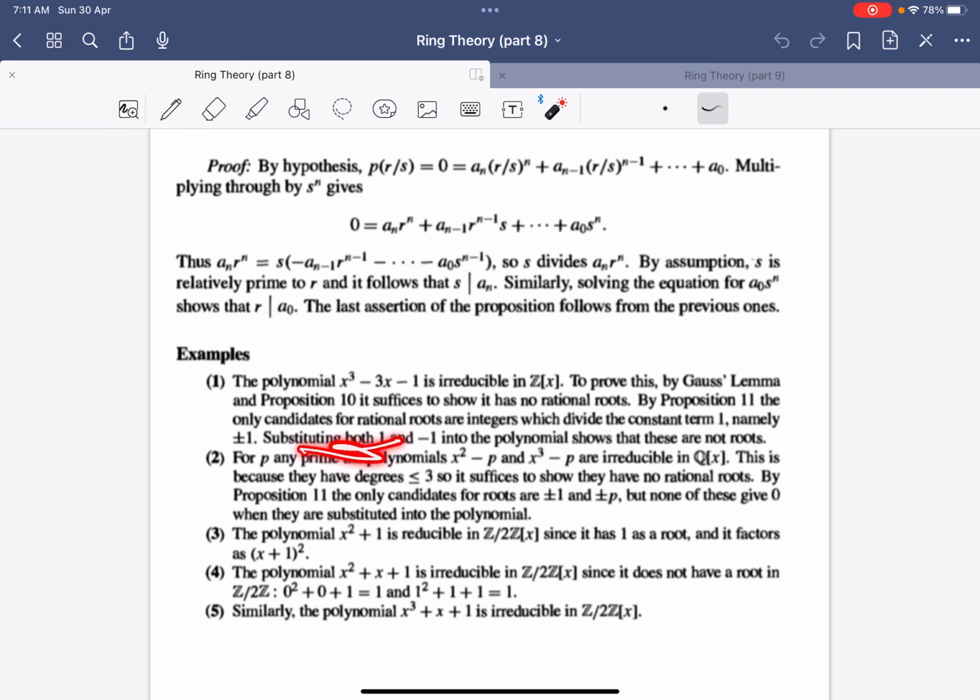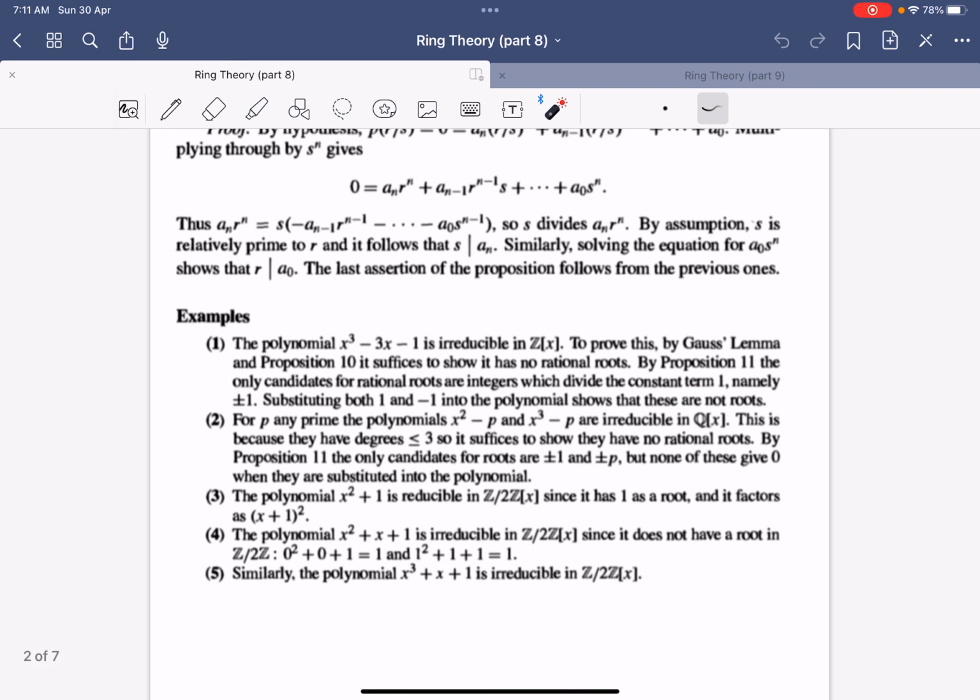And so when you substitute both 1 and minus 1 into the polynomial, this shows that these are not roots, and so we're done.